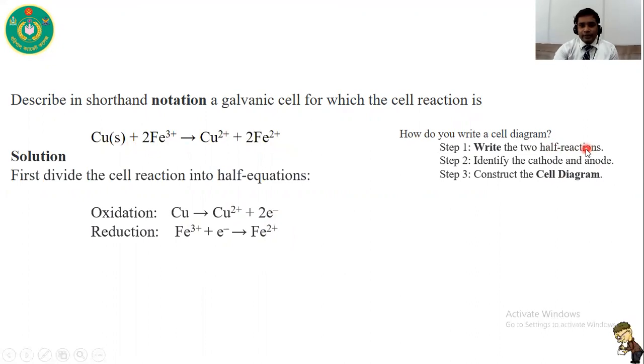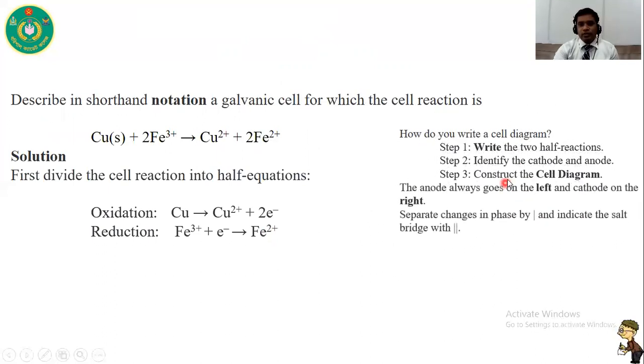So we write two half reactions, one is the anode, another one is the cathode, and now we try to construct the cell diagram. So the anode we write on the left side of the notation, and the cathode must be on the right side of the notation.